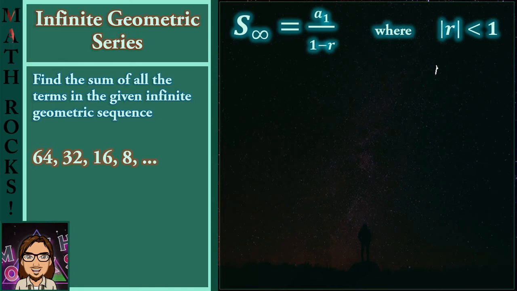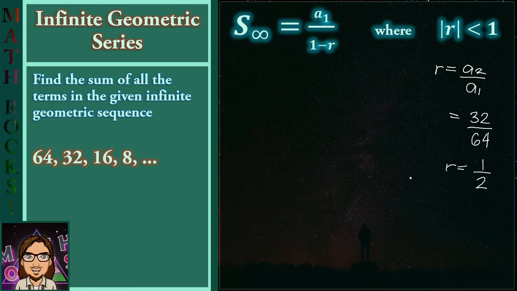So having the second term of 32 divided by the first term of 64, here we have our common ratio equal to 1 half. And now, let us have the absolute value of 1 half. So the absolute value of 1 half is 1 half, which is actually less than 1.